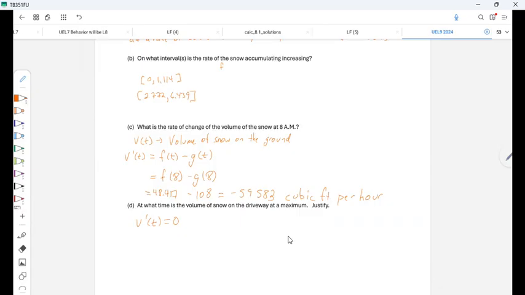Go back to that. So I'm going to actually get rid of this and say v prime of t is undefined. Usually our connection is equal to 0, but in this case where v prime of t is undefined, let's say t equals 6 and t equals 7. Make our sign chart: 6, positive, 7, negative, negative.